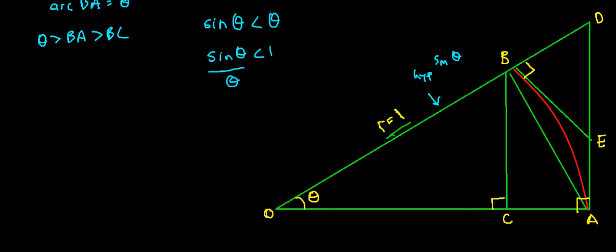And I'm going to do it the kind of proofy way. So I'm going to say I've got theta, and it is going to be smaller than BE plus EA. And then the next logical step is to say that DE plus EA is greater than BE plus EA.